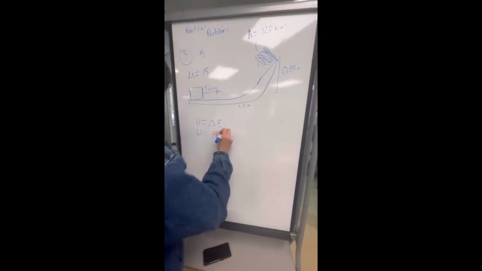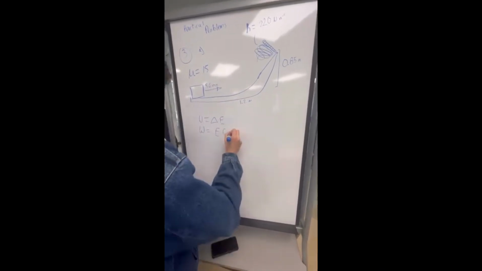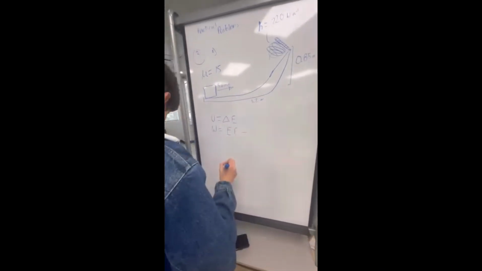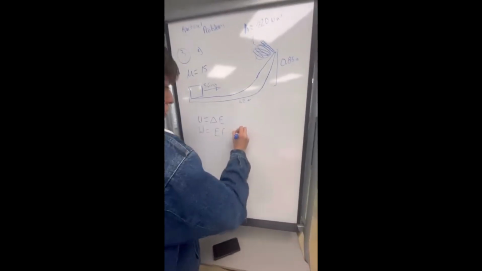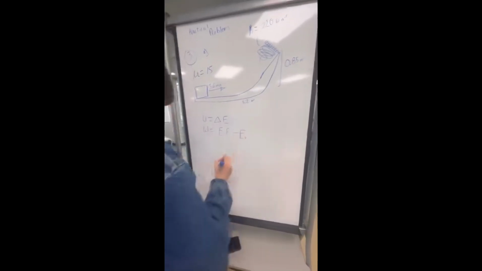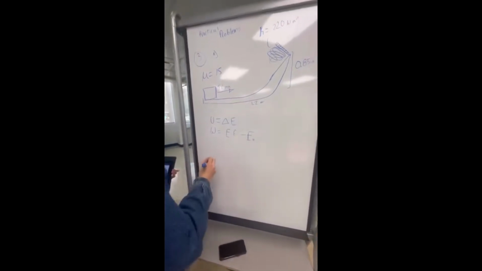For B, we're asked the same but now with friction, and now we know that the path is 1.2 meters long.